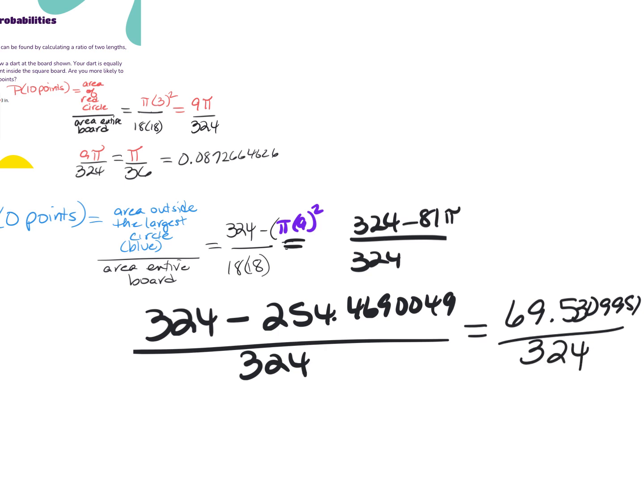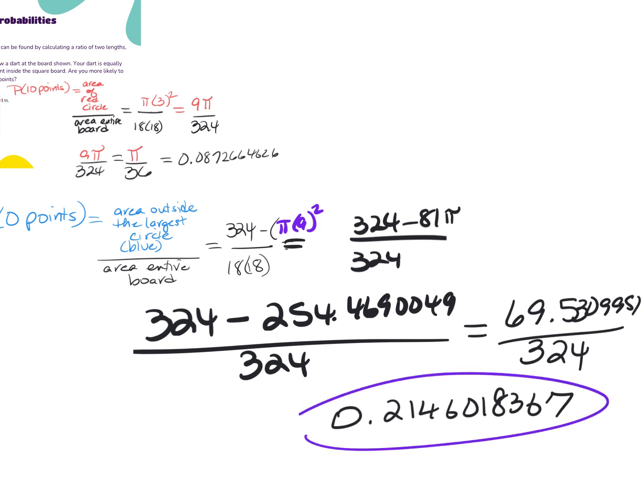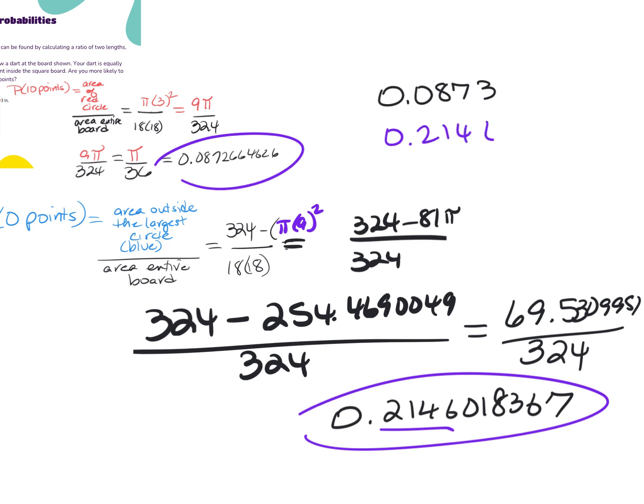And the decimal that I'm going to compare it is 0.214601837. So I'm comparing this number with this number to see which one is the bigger number, and that would be the more likely probability. So I'm comparing the 0.087, let me just round it to the 7.3, and then take this one and just put the 0.2146.